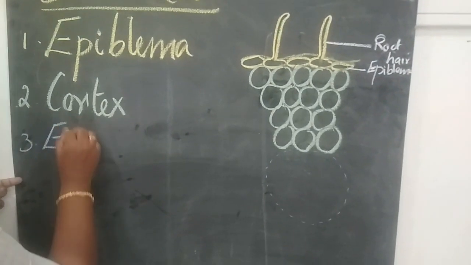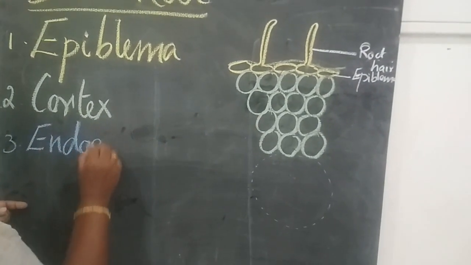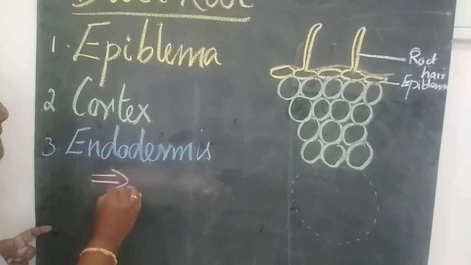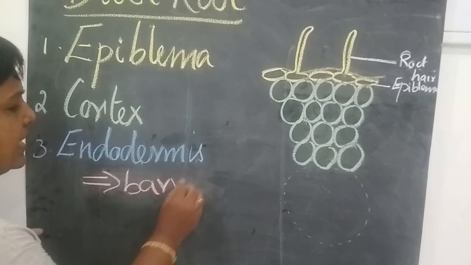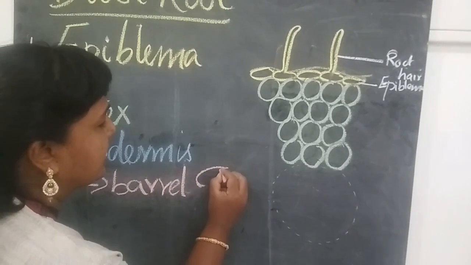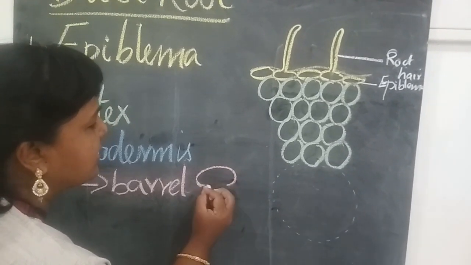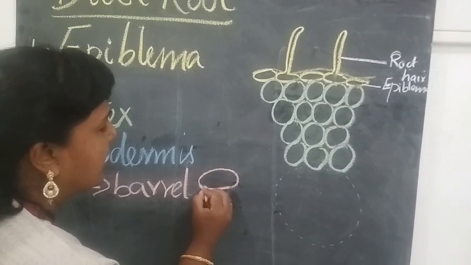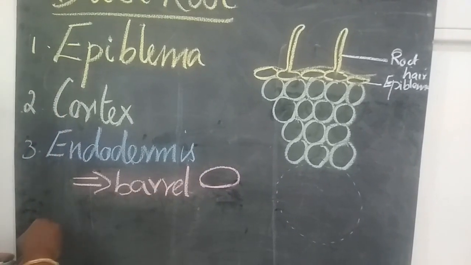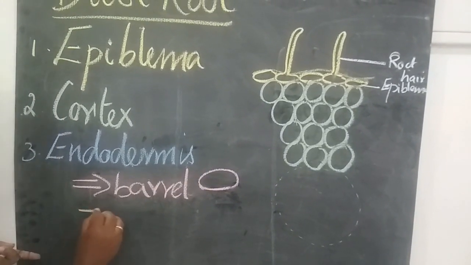The endodermis is made of barrel-shaped cells. Barrel-shaped, it's like this.